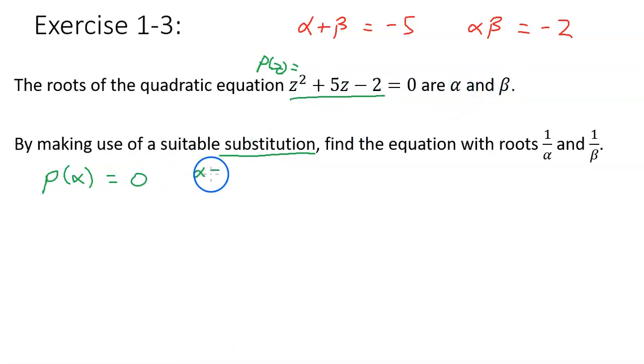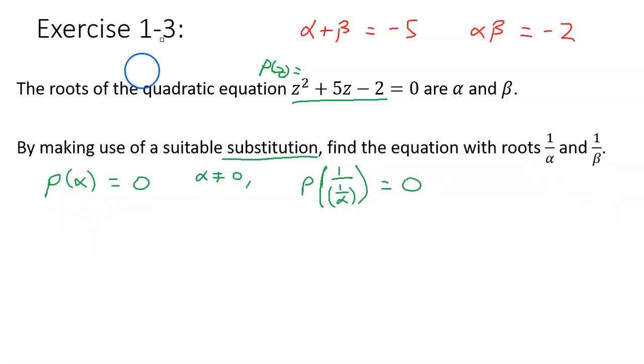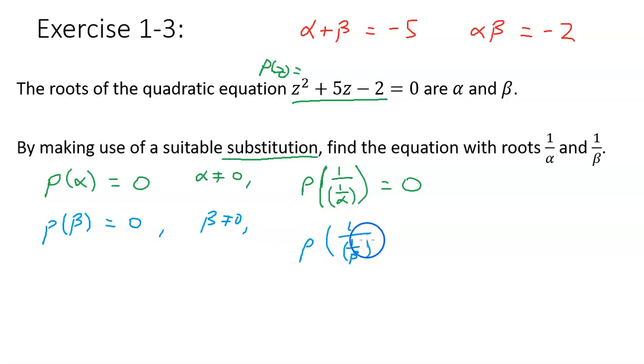Then so long as alpha does not equal 0, p of 1 divided by alpha should also equal 0. And the exact same thing with beta. So p of beta equals 0, beta does not equal 0, then p of 1 divided by beta equals 0.